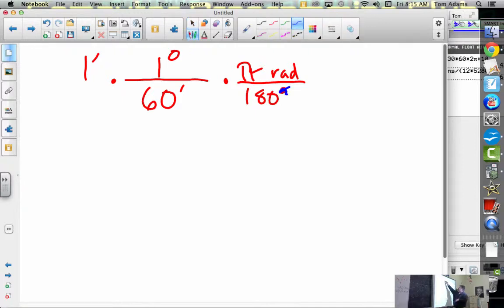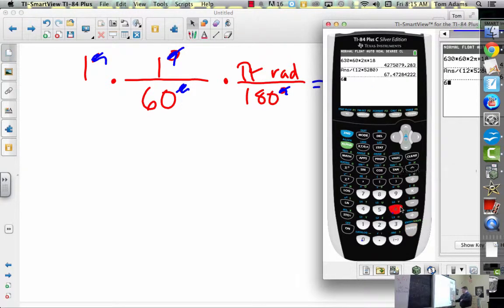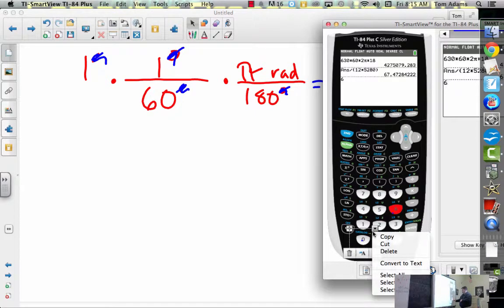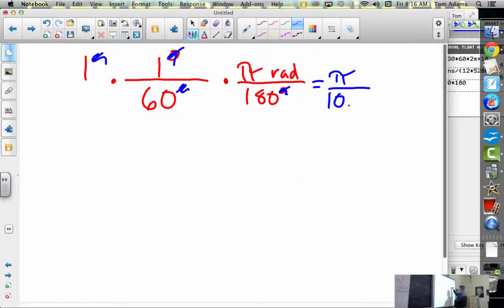So the degrees cancel with the degrees, the minutes cancel with the minutes, and I'm left with pi over 60 times 180, 10,800. So the relationship of pi over 10,800 radians is the equivalent of 1 minute.